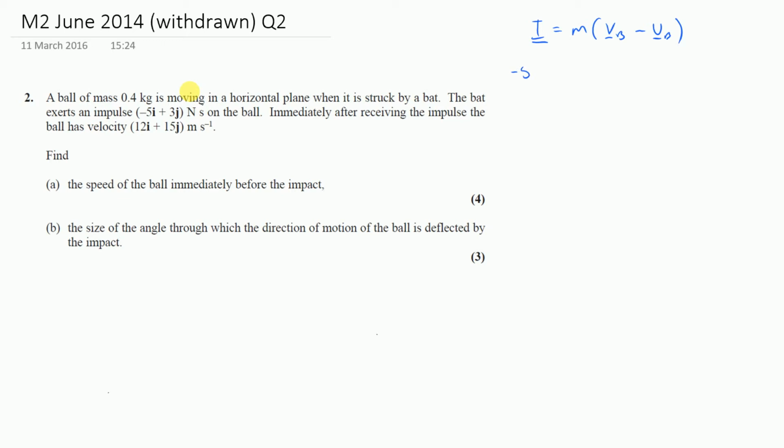This tells me that -5i plus 3j is equal to 0.4 lots of 12i plus 15j, subtract the initial velocity of the ball.